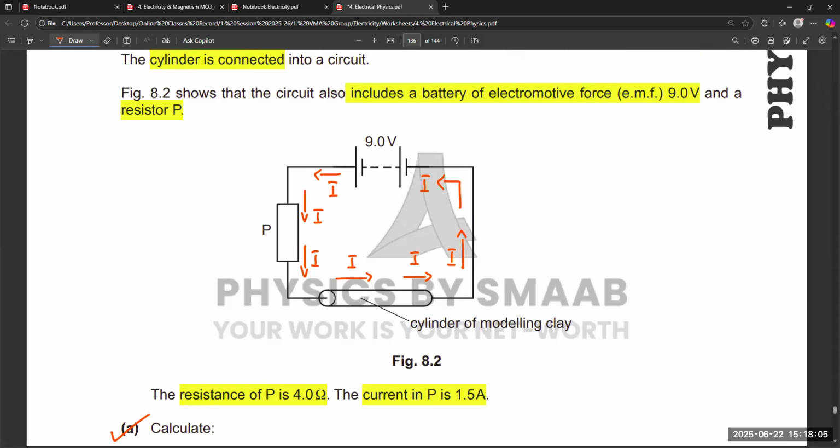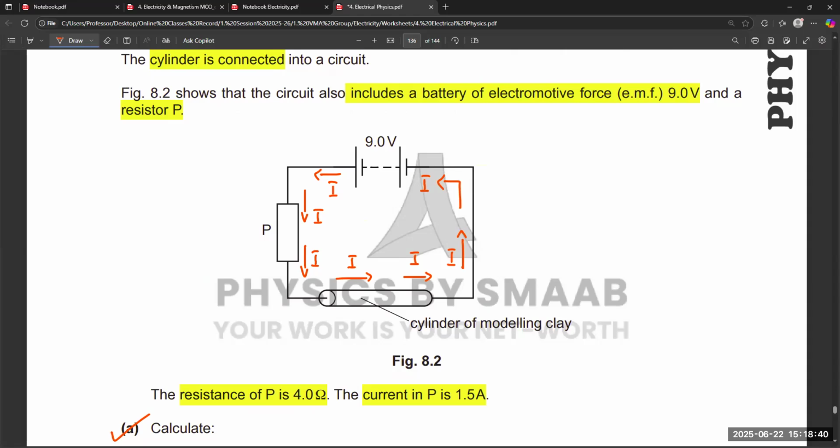From the source we are getting 9 volt, but we have two components in the circuit, so the potential difference for P and for the modeling clay will be different. EMF is related to the cell, the battery only. But the potential difference across each component in the circuit will be different. It depends.